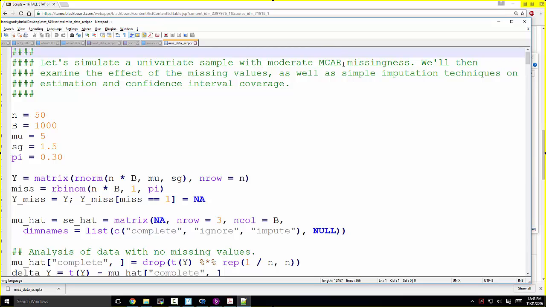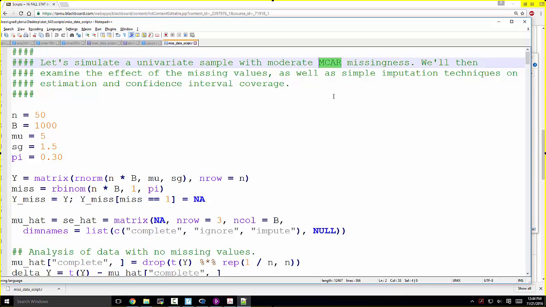So I mentioned last time there's different mechanisms that have been defined. There's one called missing completely at random, or MCAR. That is the easiest to deal with. That is the case when the probability that a value goes missing has nothing to do with the value that it would have been, or any other value in the data.